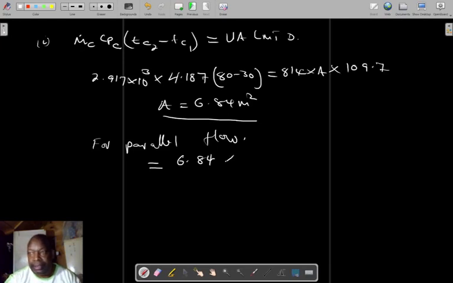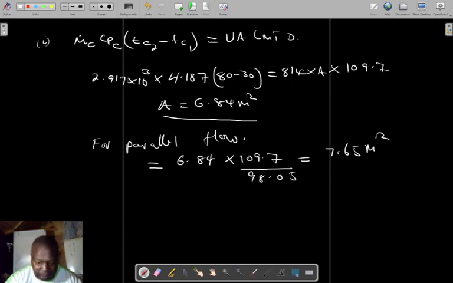So times 109.7 divided by 98.05, and that is equal to 7.65 meters squared.